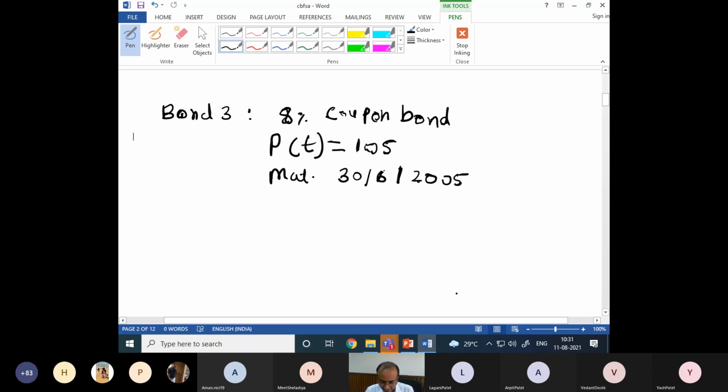That is given data. So the coupon value is how much now? First, let us calculate the coupon value. Coupon value is 8 rupees. And where do we get this coupon?